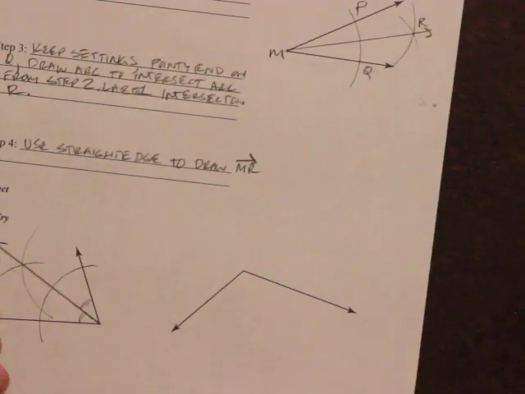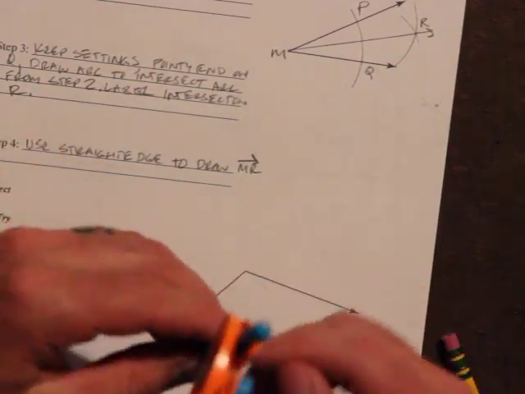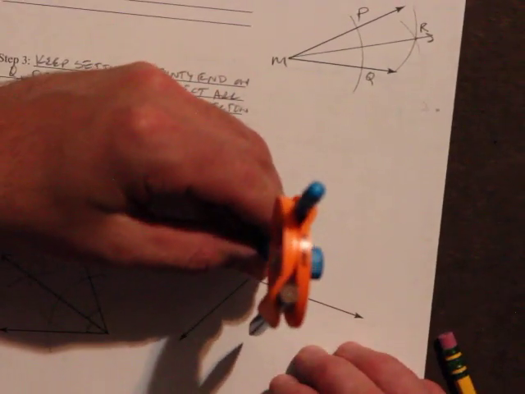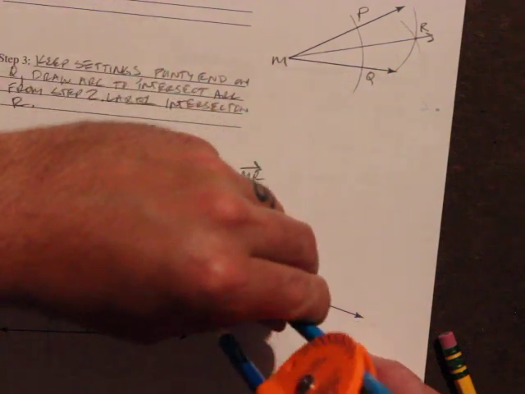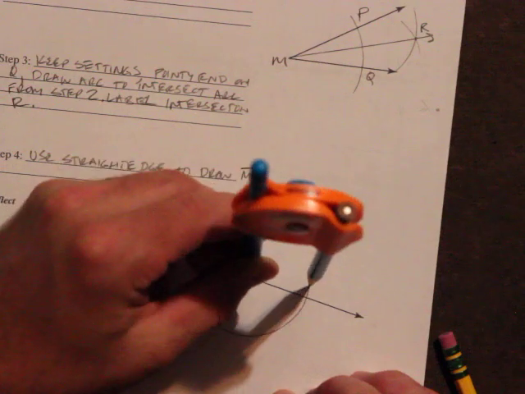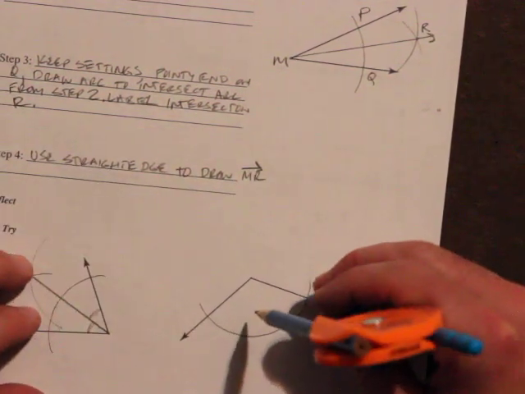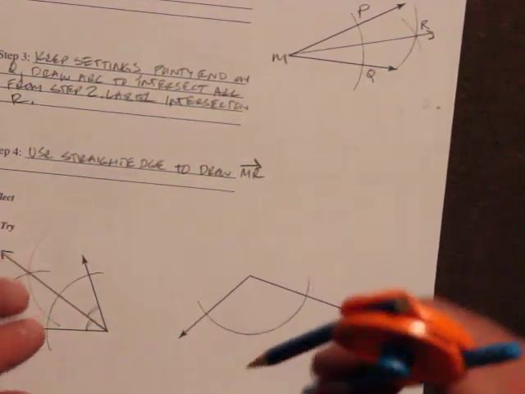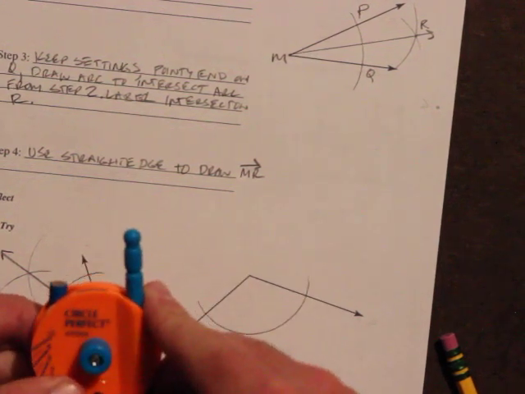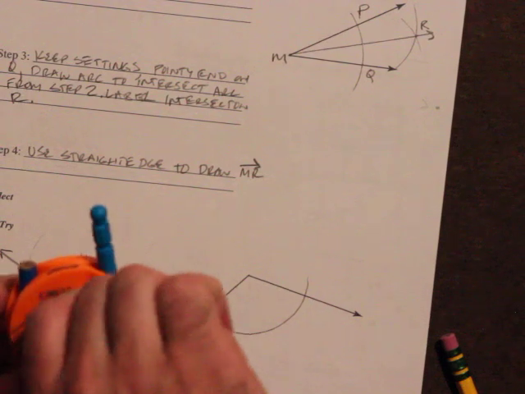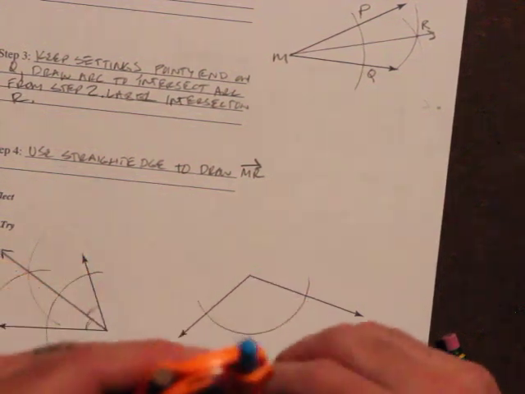Let's do one more. I'm just going to leave my settings like this. Why not? Oh, because it might not work with this one. But I can start right here with this angle. Now, I'm not sure if they're going to intersect unless I open it up a little bit. So let me open up my compass a bit so that my 2 arcs I'm going to draw right now are going to intersect.